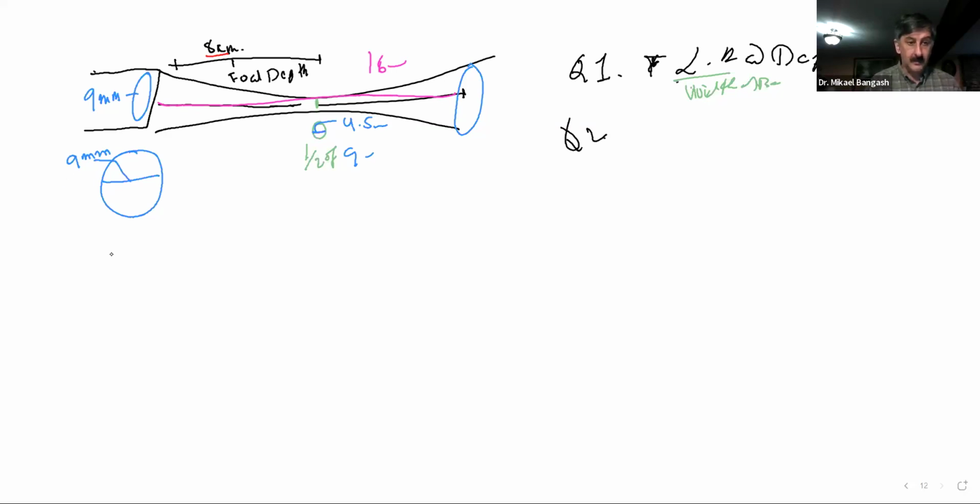The beam is just going to diverge out to become the same 9 millimeters width.